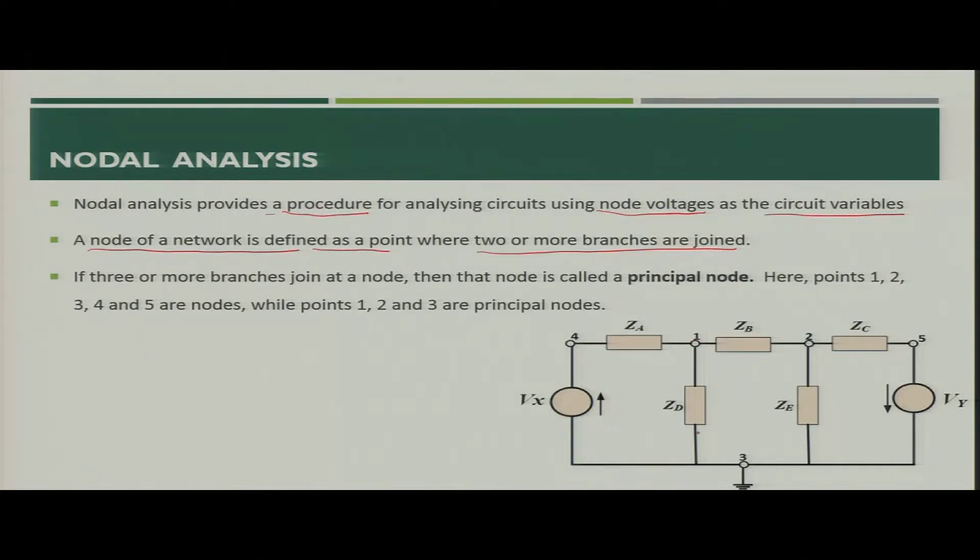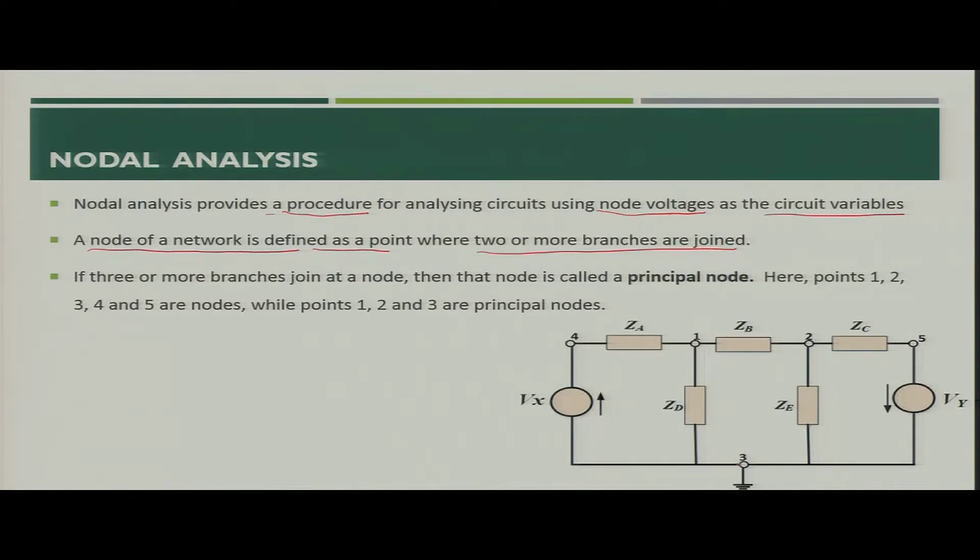Similarly, in node 1 you are joining ZD, ZA and ZB as impedances, so node 1 has 3 connections. Node 2 also has 3 connections, that is ZB, ZE, ZC. Node 5 will have only 2 connections, that is ZC and VY.